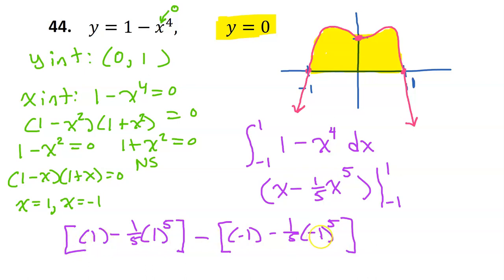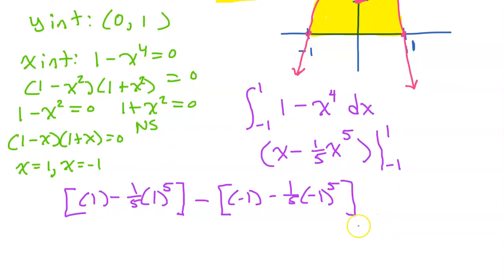So this expression represents the area of the yellow region. So we could leave it just like this and get full credit on the AP test as long as that's all they were asking for was the area of the shaded region. But if this was a multiple choice question, it's not going to look like this. So let's keep going and simplify this down further.